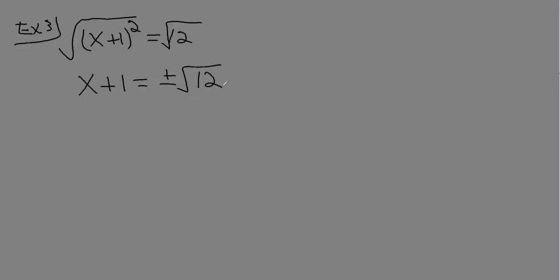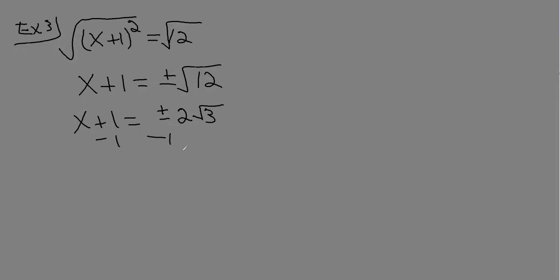Next I can simplify this square root of 12, where I would have x plus 1 equals plus or minus, what can I take out of there? A 2 comes out, and then I'm left with the square root of 3. And then lastly, to get my x by itself, I've got to subtract 1. Notice where I'm doing this.